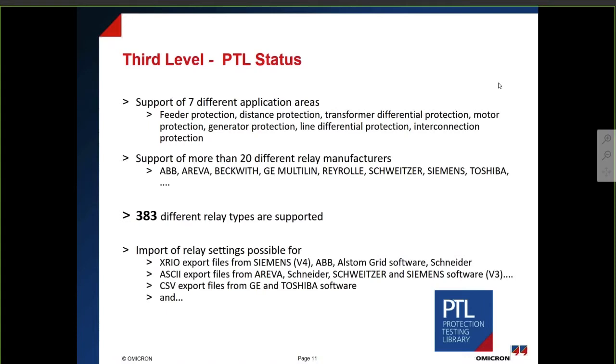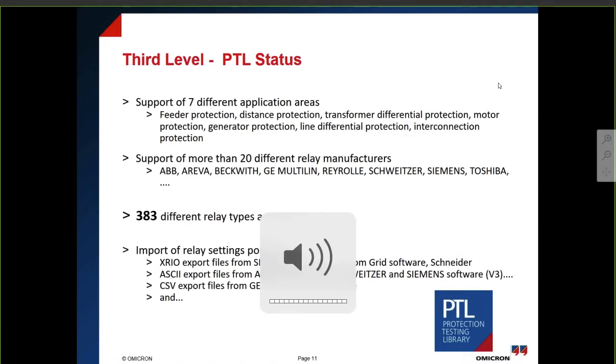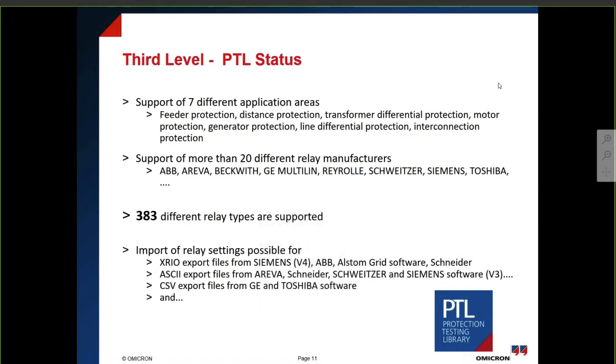Others, like SEL, export in .txt format, and some others, like Areva and Schneider, have an ASCII export, and CSV like GE and Toshiba. So we created the import setting filter. It can just take the data from the exported file and convert it to the required information for the XRIO to calculate the relay setting.